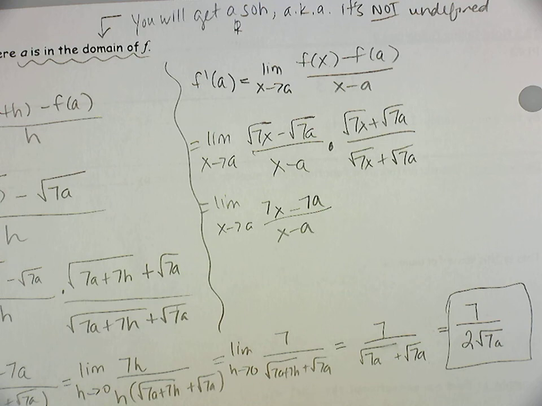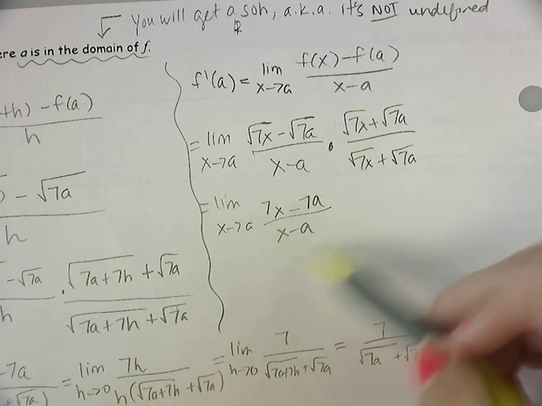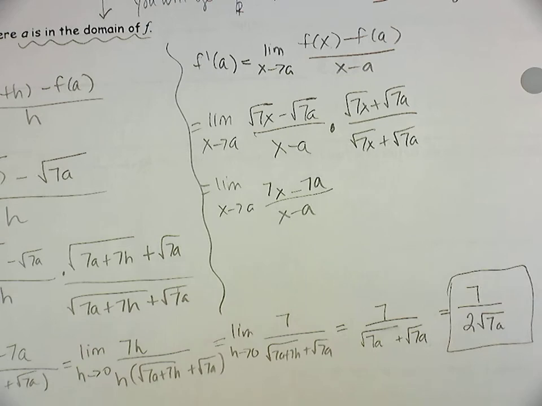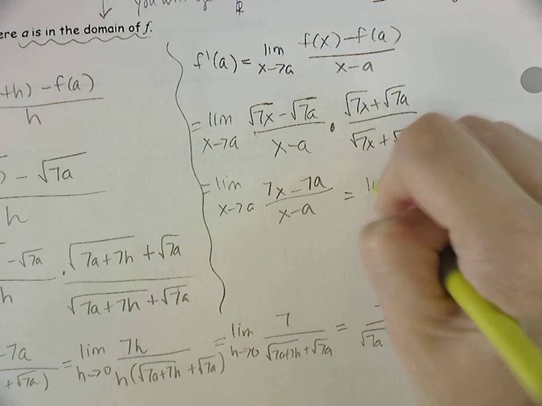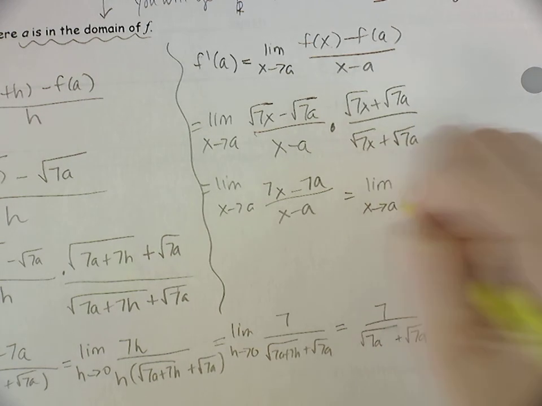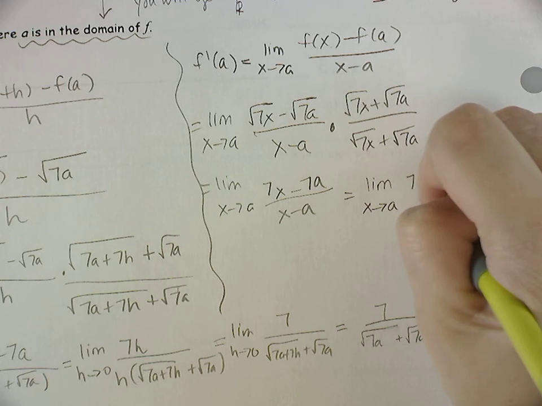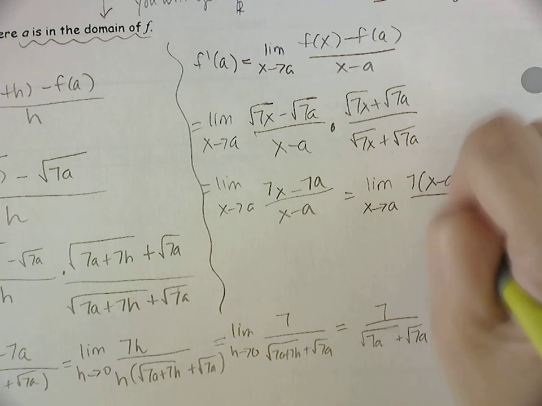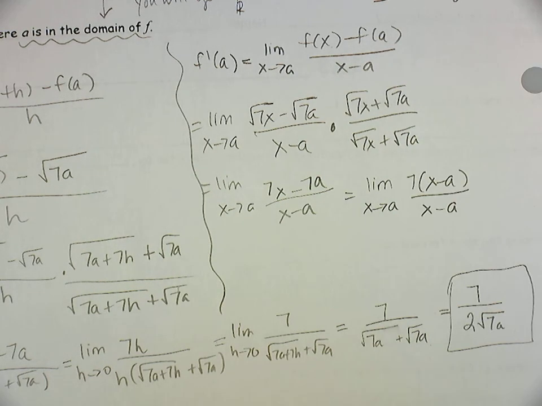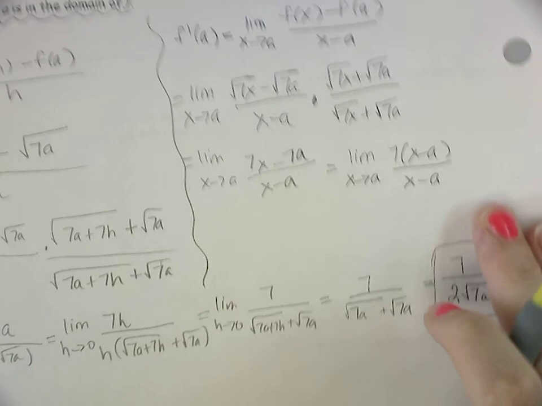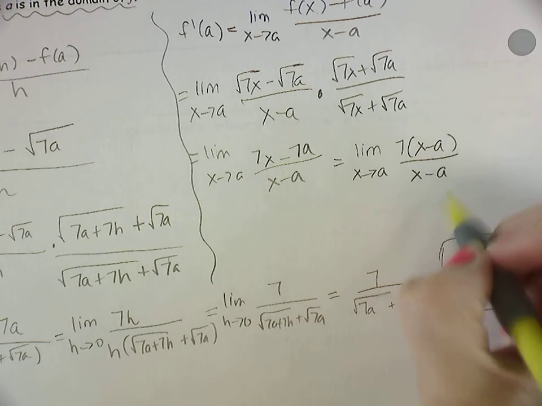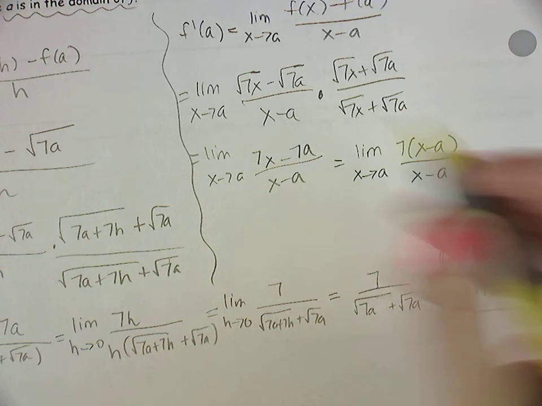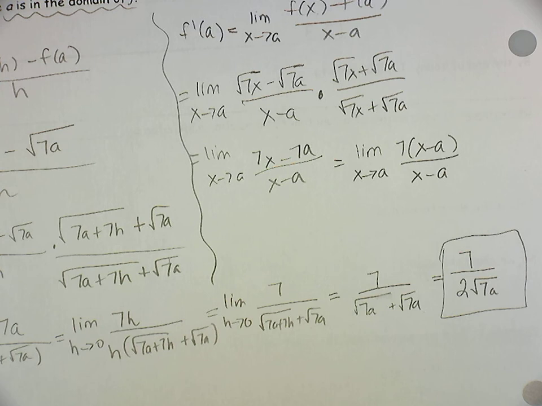Can you guys see what you can do in this step? I actually kind of showed it to you yesterday. So this is the limit as x goes to a. You can factor out a 7. So if you factor out a 7, you have 7 times x minus a over x minus a. Remember, don't skip your steps. You're going to have to show me that this is where they cancel out. And, oh, what did I forget? What do I need in the denominator?